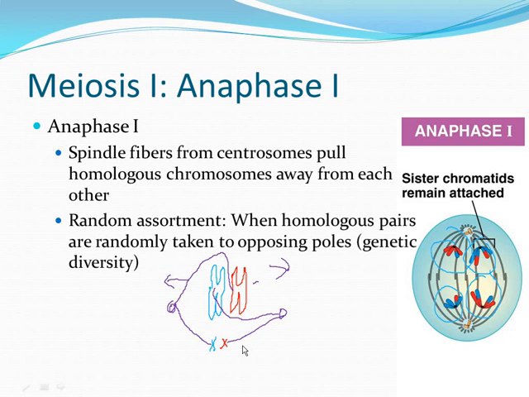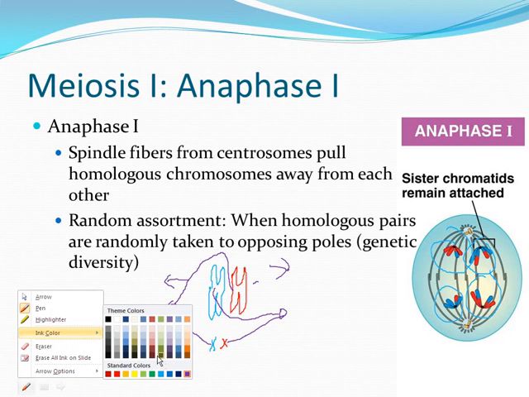Instead of having all blue on one side, we now have blue and red. It's a different combination, so this is creating more genetic variation. So we want to have more genetic variation in case some environmental change occurs, and someone has certain traits that are more beneficial for that changed environment.